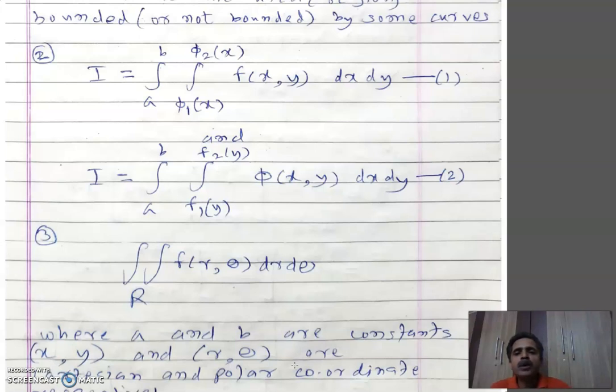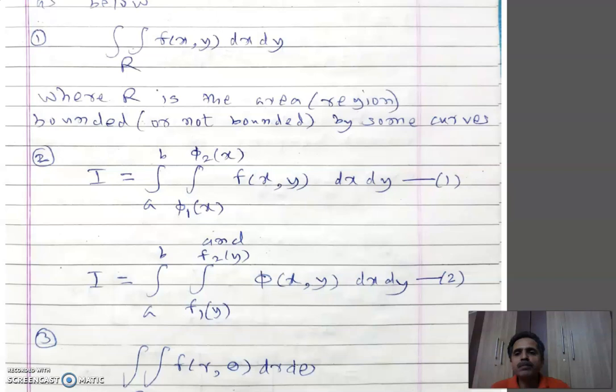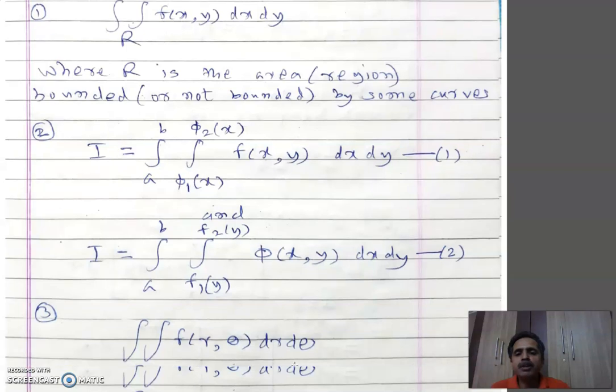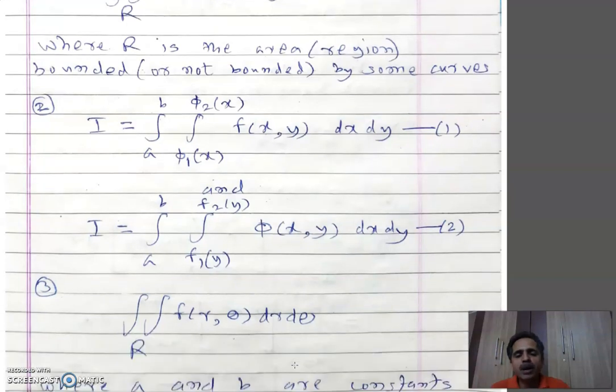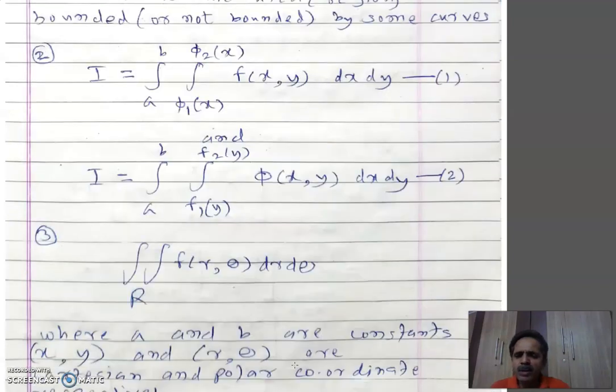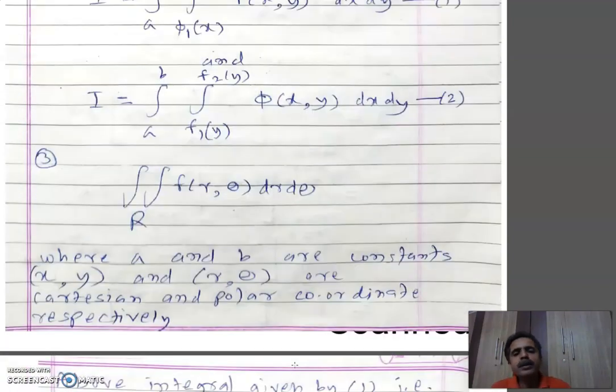In this way we can represent double integration by three notations. The first notation is where the region is mentioned. In the second we have limits available, and the third is a polar double integral.